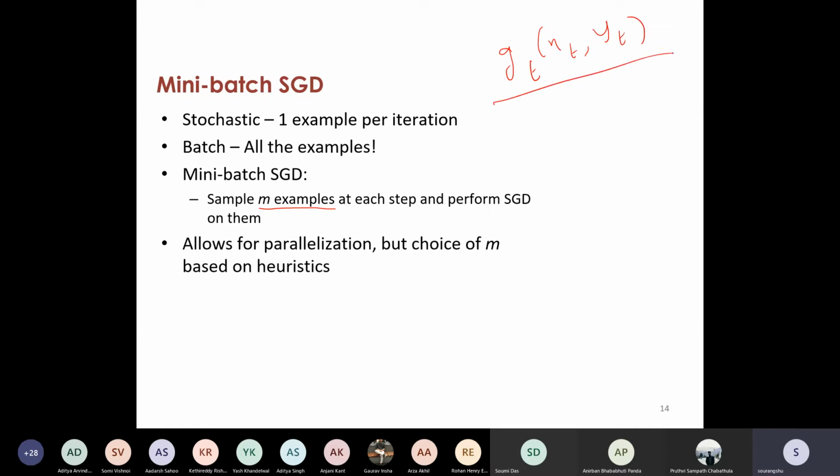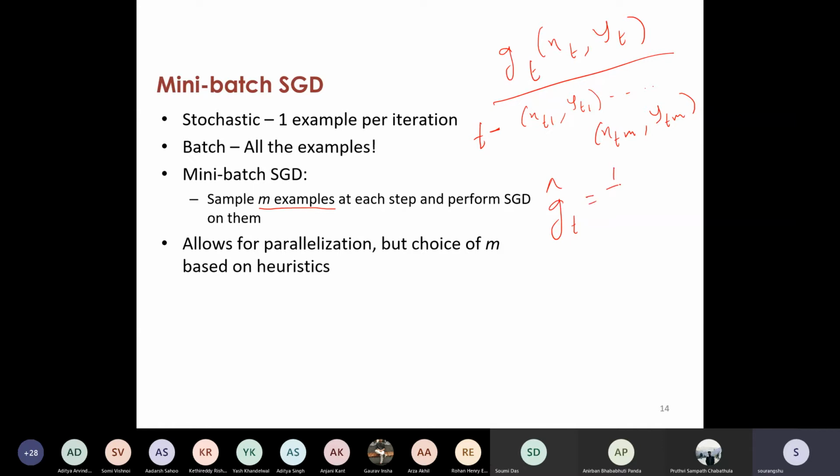Now you use a mini batch of examples. So let's say at update T, you can use XT1, YT1 till XTM, YTM.